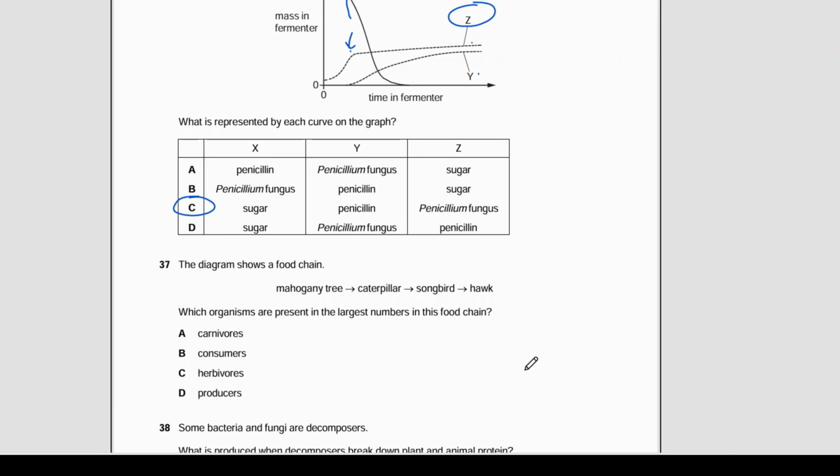So it can be caterpillar or songbirds. We'll just write consumers because these three are more as compared to this. Songbirds are not herbivores since they are consuming caterpillars.